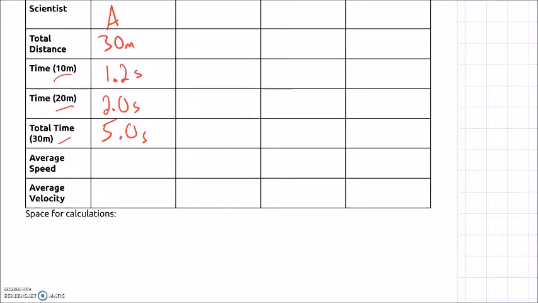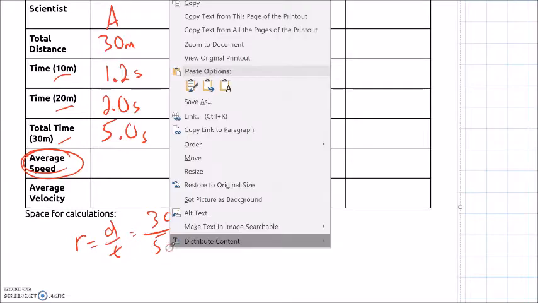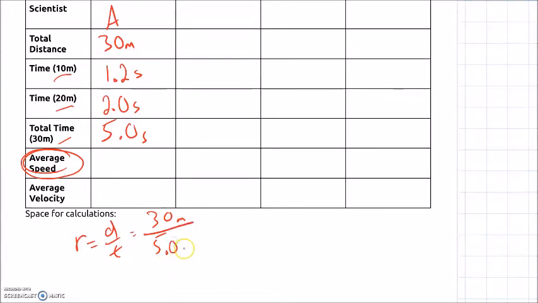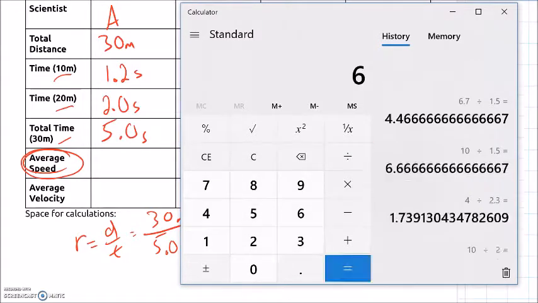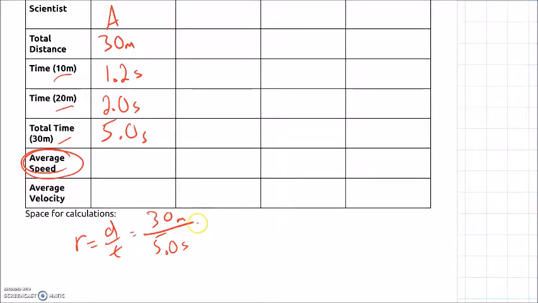So what would I do to find my average speed? I would use R equals D over T, where distance is, so for average speed, this is our entire distance. So this would be 30 meters. 30 meters divided by our time to run the entire thing, 5 seconds. So 30 divided by 5, we could have done that one in our head too, is 6. 6 meters per second.